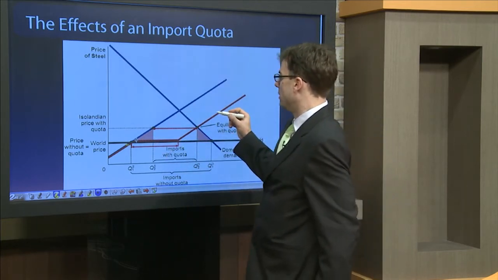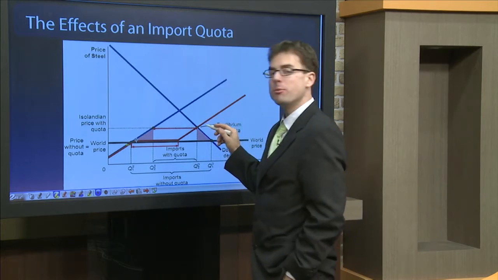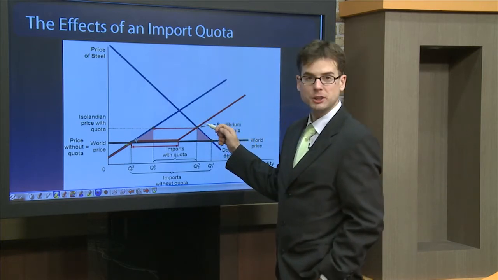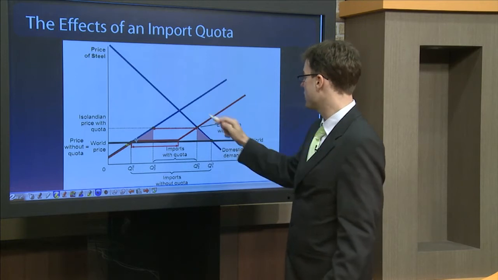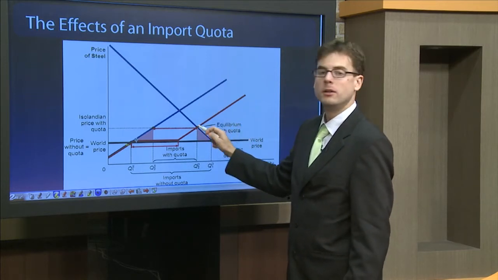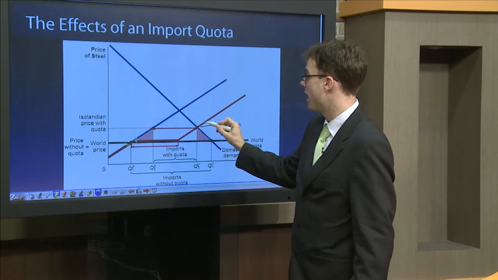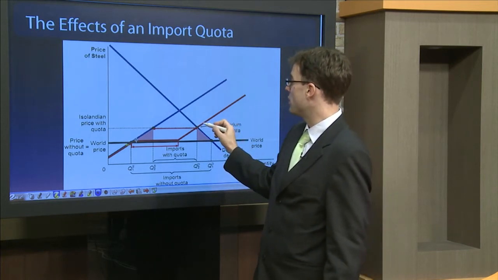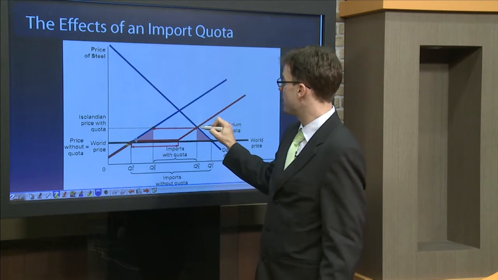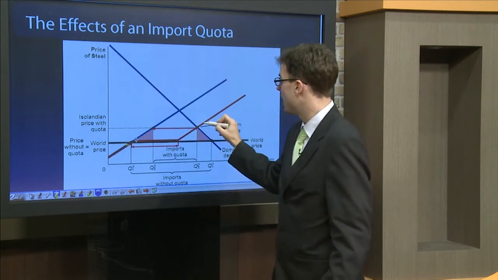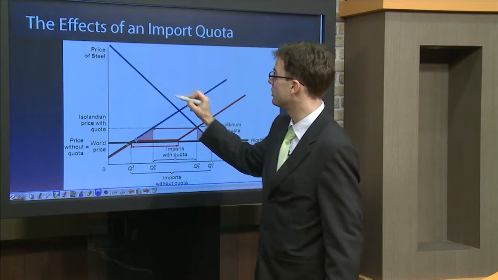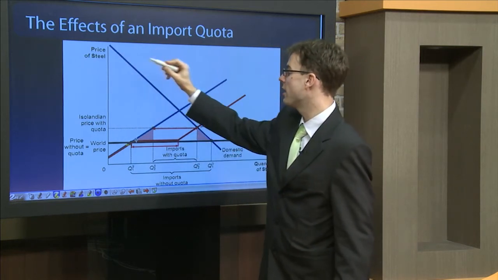And that means that the market equilibrium would now be at the intersection of the domestic demand curve and the increased supply curve. And once again, we could summarize that with this market price and market quantity, consumer surplus would be equal to this triangle.